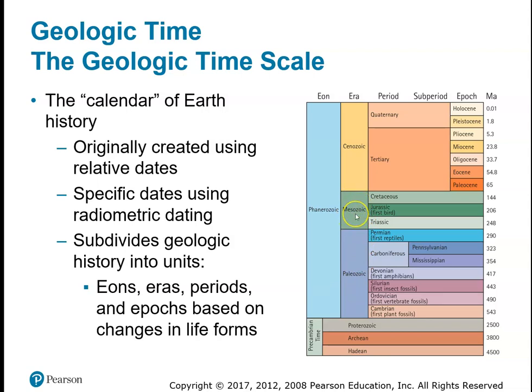This is the time of dinosaurs, as a matter of fact. You can always tell that with the Jurassic. But there are actually three periods that the dinosaurs existed in. The Mesozoic is broken into the Triassic, the Jurassic, and the Cretaceous.